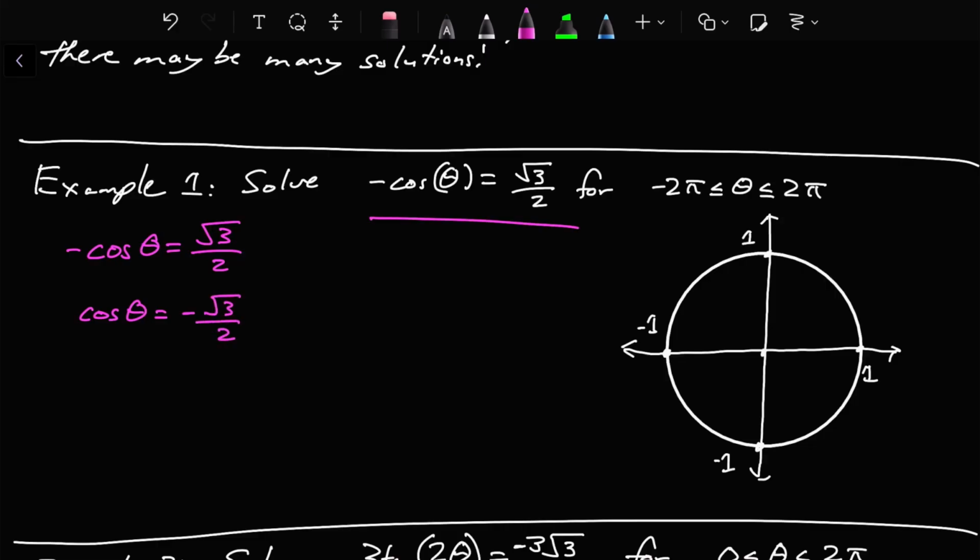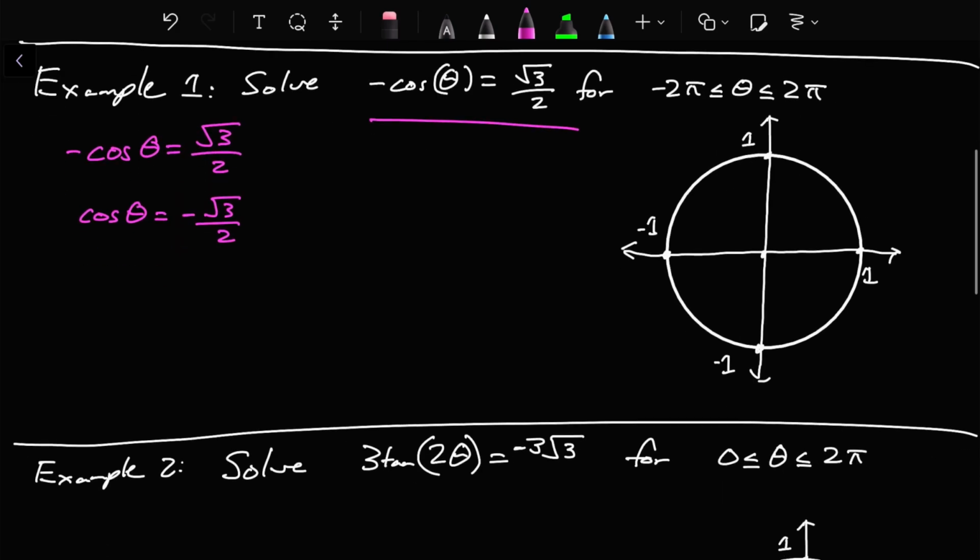Okay, so because it's negative, this tells us the angle must be in quadrant, well, what quadrant is cosine negative in? It's negative here, and it's negative here.